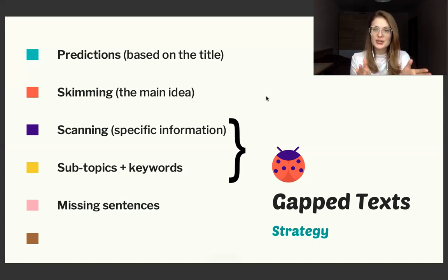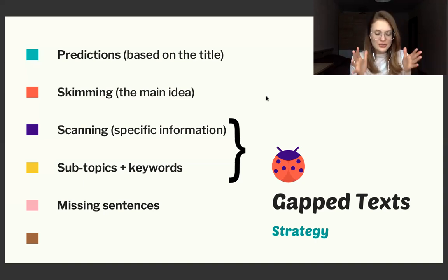Then you come to the next point and you read the missing sentences that you need to put in these gaps. So here I'd like to say that when you see such tasks like gap texts, you don't need to first look at the sentences that are missing and then read the text.